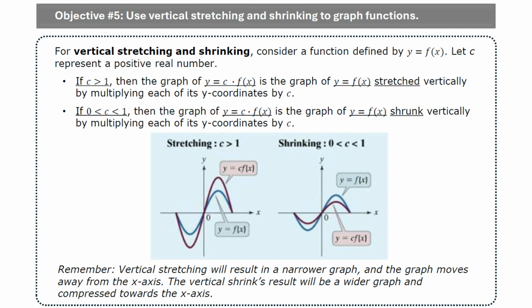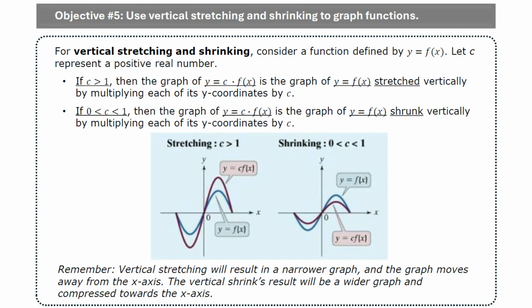If c is greater than 1, then the graph of y equals c times f of x is the graph of f of x stretched vertically by multiplying each of its y coordinates by c.